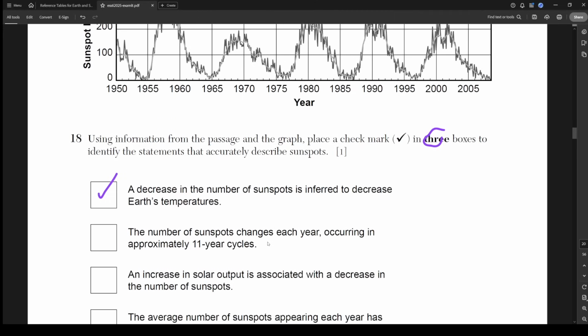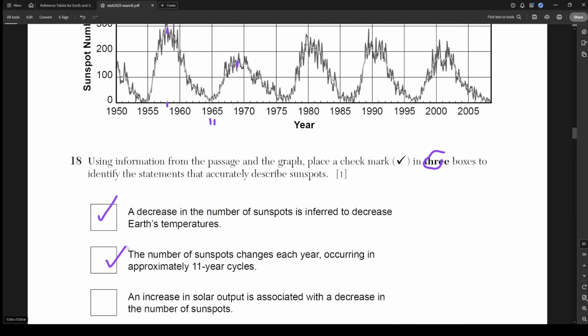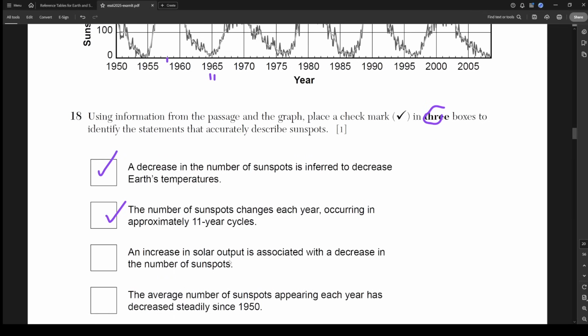The number of sunspots changes each year, occurring in 11-year cycles. So if you look, we'll start at the peak here, being at like 1957. And then the next peak is going to be like 1968. So that is an 11-year cycle. So that would work. An increase in solar output is associated with a decrease in the number of sunspots.